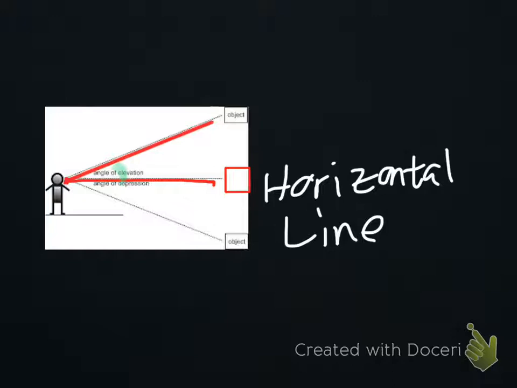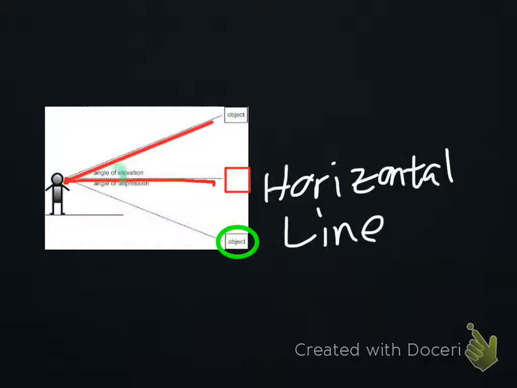Similarly, if I'm looking at an object below me, so let's say I'm looking at this object down here, I'll change the color to make it distinct from the horizontal. If I'm looking at that and I want to describe how I'm looking at it, we're again talking about it from the horizontal line.